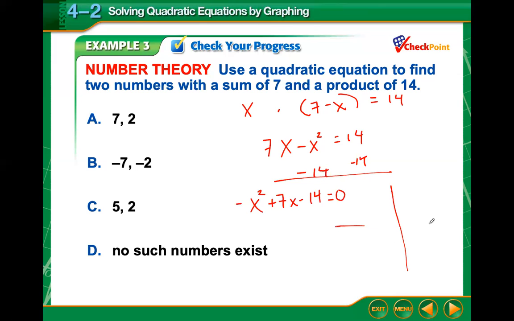So when I graph it, it's going to be upside down. I need to go over here, so it's going to be here and here. It should look something like that, here at 2 and here at 5.